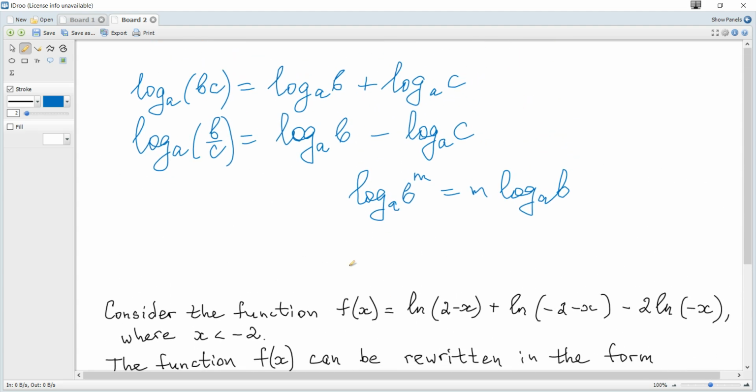What formula is that? Log of a product is equal to the sum of two logs to the same base, and log of a ratio is equal to the difference of two logs to the same base. But notice that these formulas work only when all coefficients in front of logs are equal to 1.